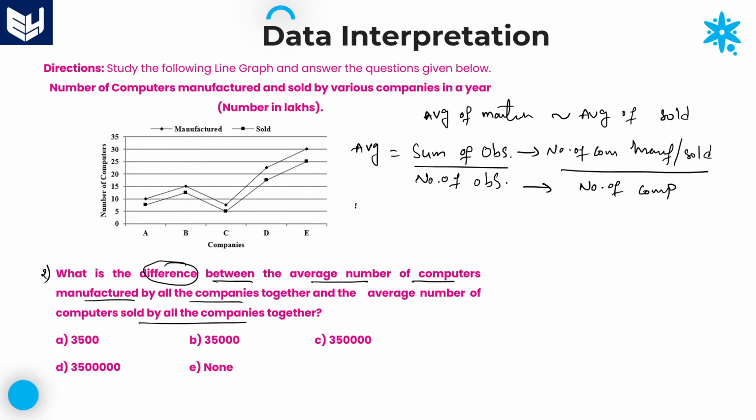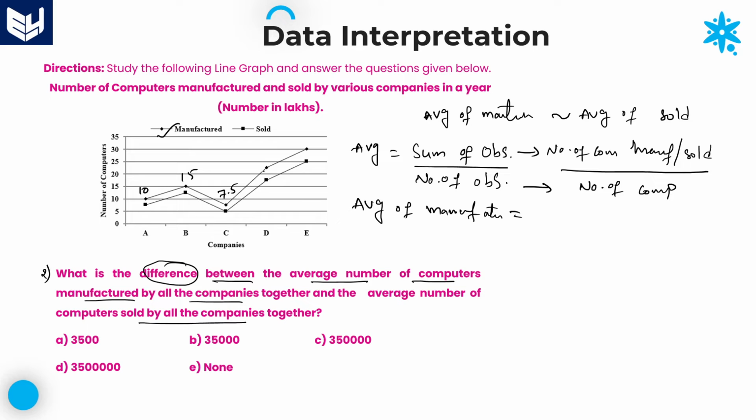Now first I will calculate the average of computers which are manufactured. First take all manufactured values. Manufactured values are definitely greater than the sold values. Here it is 10 and this is 15 and it is 7.5.